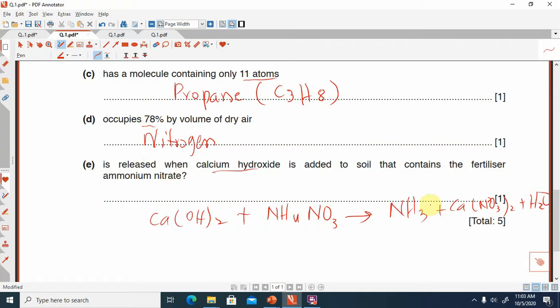Release means there will be the gas, so ammonia gas will be released into the atmosphere. So the answer will be NH3, or you can write it as ammonia, right? So this was a question of 2018.